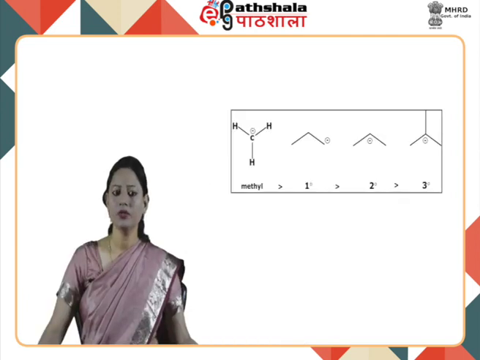The alkyl groups, which are electron releasing in nature, due to their inductive effect, that is the plus I effect, will decrease the stability of carbanion. So the more the number of alkyl groups attached, the lesser will be the stability. Carbanions prefer a lesser degree of alkyl substitution. Therefore, the order of stability of alkyl carbanions is methyl most stable, then primary, then secondary, and the least stable is a tertiary carbanion.